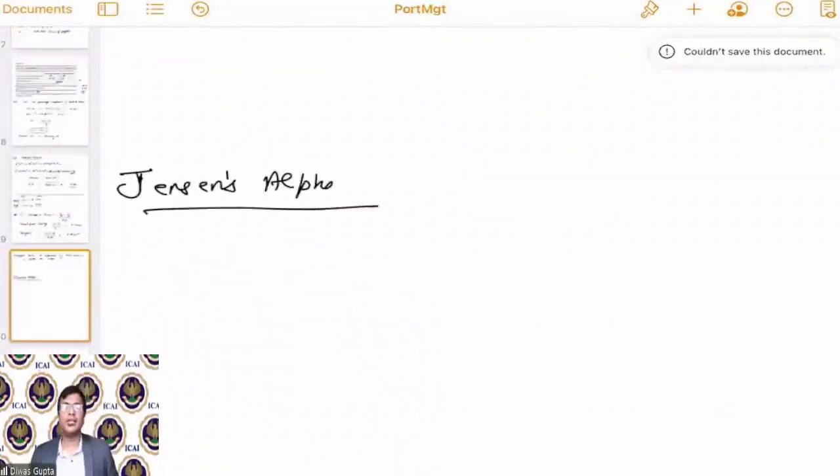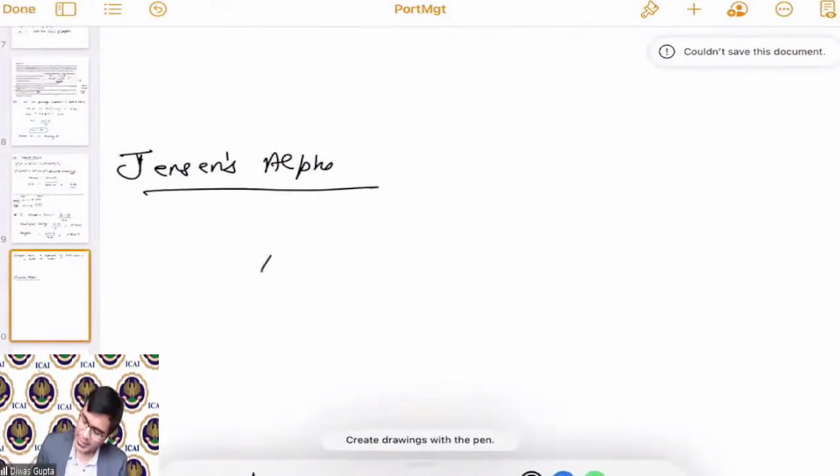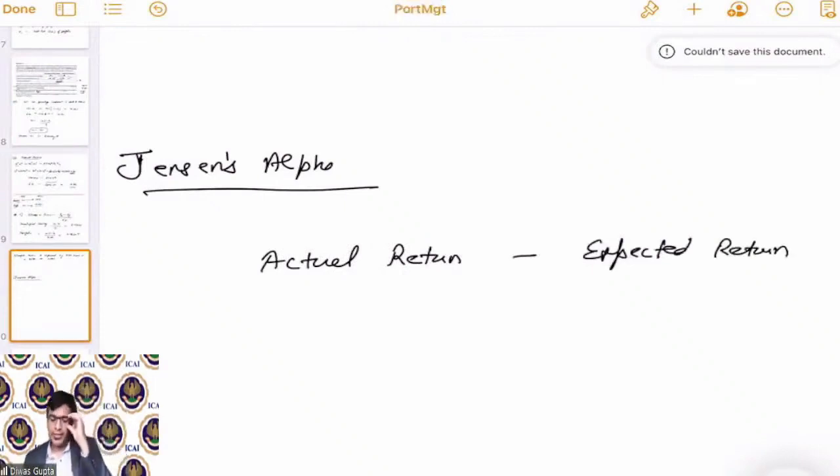The conclusion is very simple: we have to compare the actual return with the expected return, that is, actual return minus expected return. If there is some expected return, and the actual return is better than the expected return, it means that the portfolio is better, because you are getting higher than what you expected.